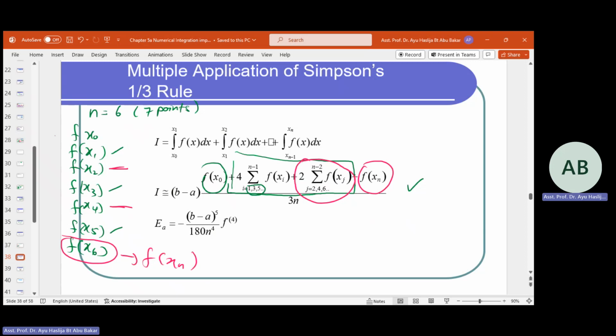Up to that, then divide by 3n. N depends on the segment. Then for this equation, the odd segments and the even segments, you need to separate them.